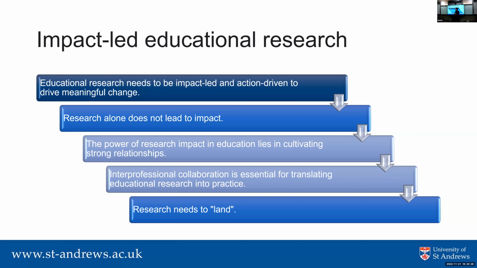If you want to create a podcast for your research, you need somebody else to help you do that. If you want to create a website, a repository, a portal for your resources, you need somebody else to help you do that. So you cannot do it on your own. You need people who are not academics, but they have other expertise and skills that they can assist you with to make sure your research reaches more people.